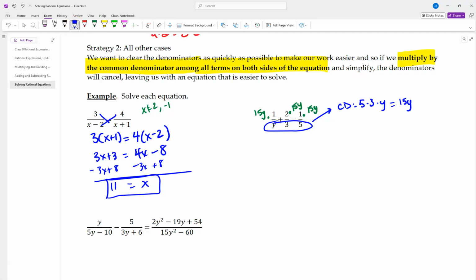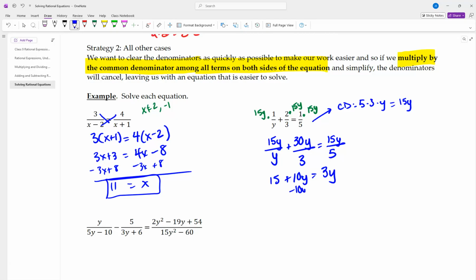I'm just going to erase it so I can see the signs. So I get 15y over y plus 30y over 3 is equal to 15y over 5. If I simplify that, I get 15 plus 10y is equal to 3y. That's easier to solve.